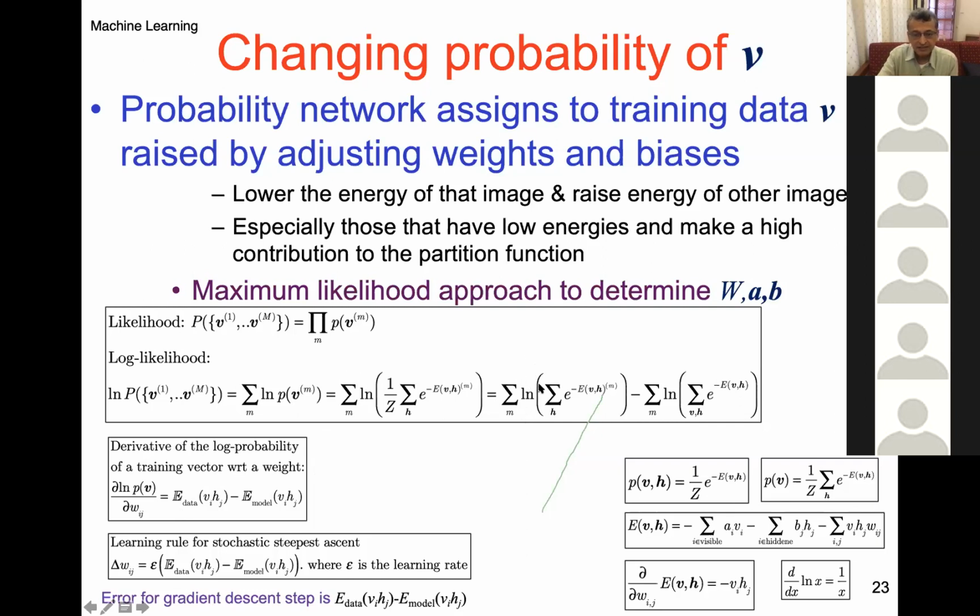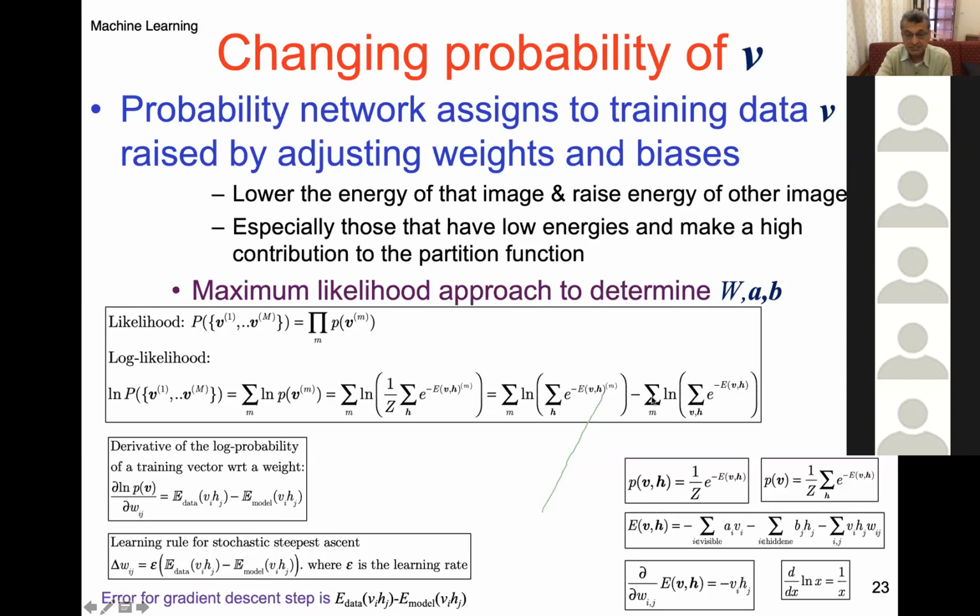This one is the summation over the data samples, and the second part is the summation over the model. The model is E(V, H): this is over V and H, the model itself.